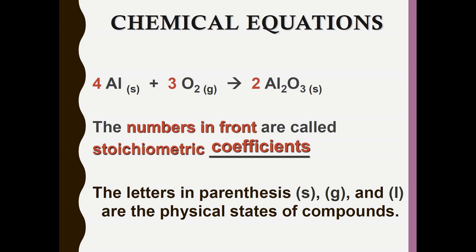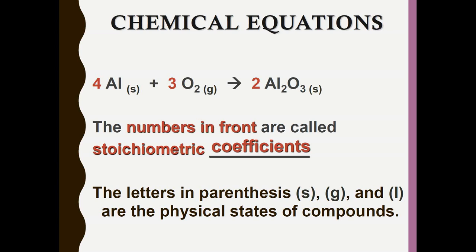The numbers in front are always called stoichiometric coefficients. They tell you the quantity, how much or how many of the same element you're using in the equation. And the letters that you can see in the brackets tell you the physical state of the compound. So for example, in this equation, S is a solid, so my aluminum is in solid form. My oxygen is in gas form.